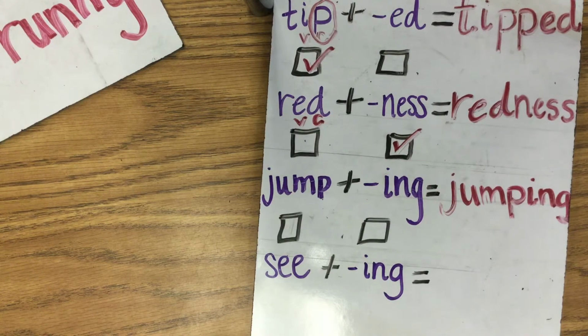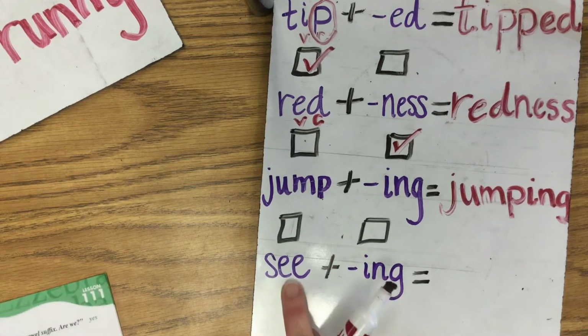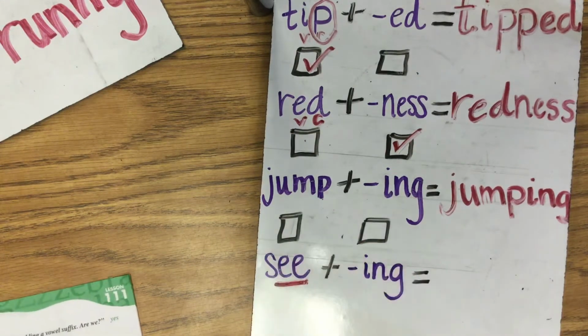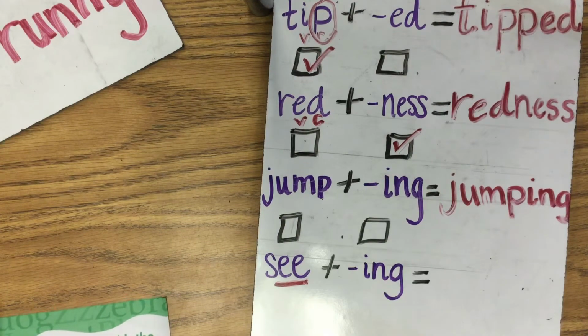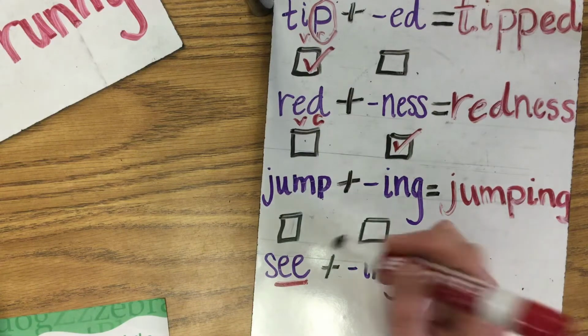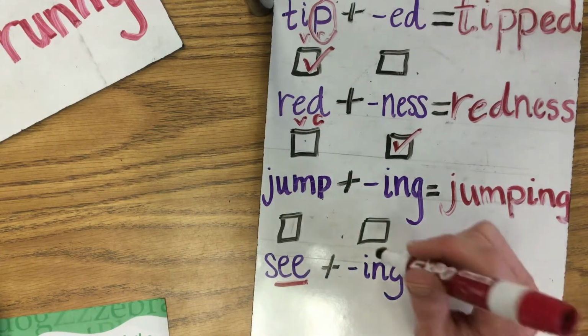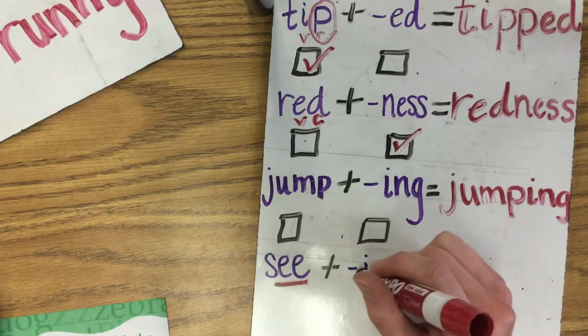So we're going to look at our rule, and in this one, we have digraph ee. When we have digraph ee, it's not a vowel consonant, so we do not get a check. This one is our ing.